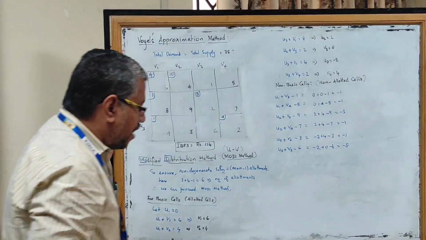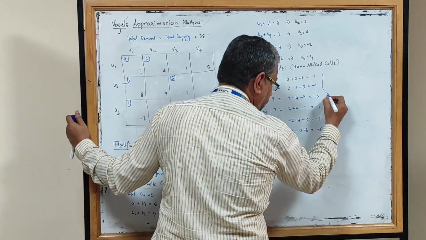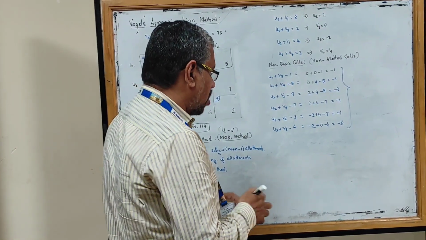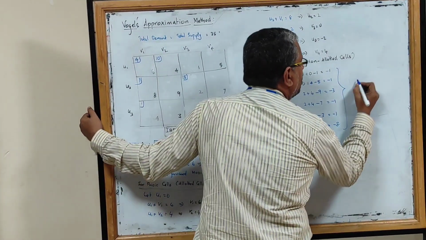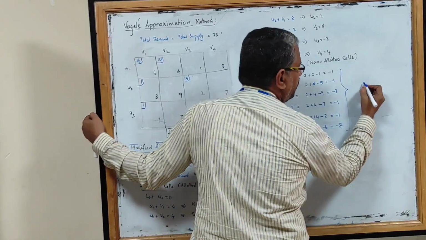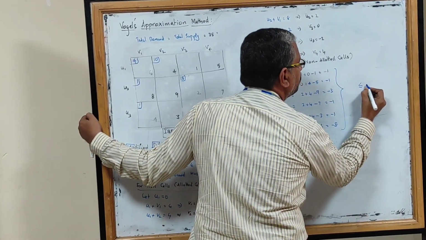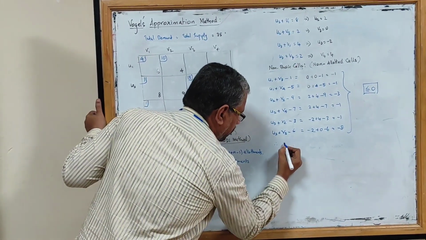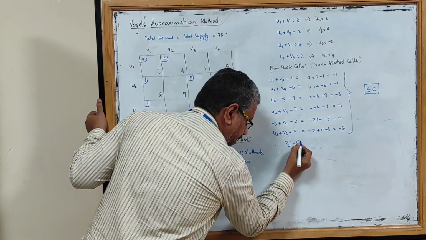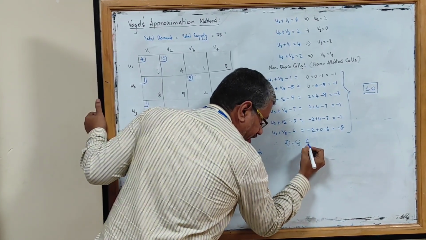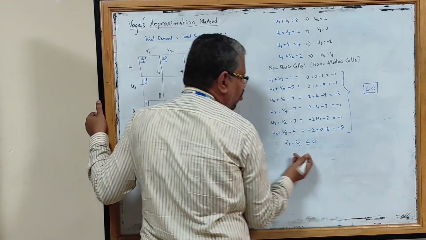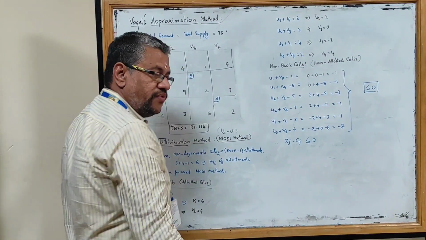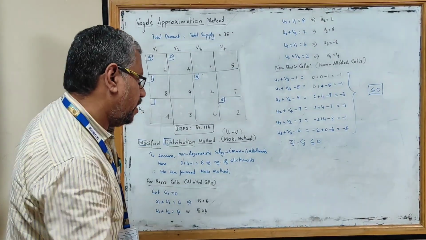Now we'll have to look at all those values in the non-basic cells. Suppose all those values in the non-basic cells are non-positive, which means less than or equal to 0. Zj minus Cj, where Cj is the cost and Zj is U1 plus V1 or U2 plus V3, something like that.